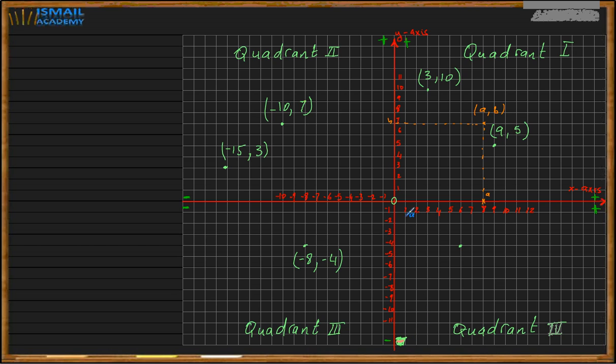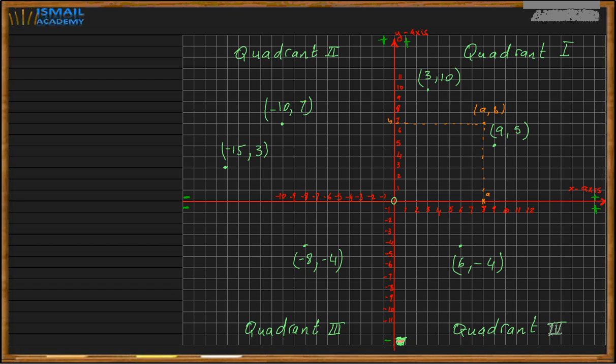So the y coordinates are negative here, but the x are positive. As you see, if I pick a point here, for example that one, the x is 6 and the y is -4. So that's the idea of the coordinate plane.